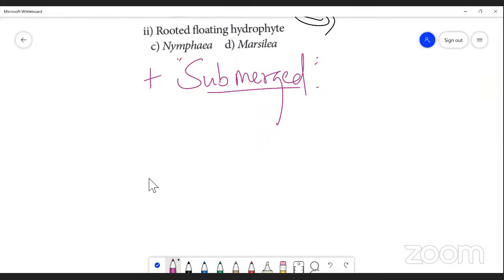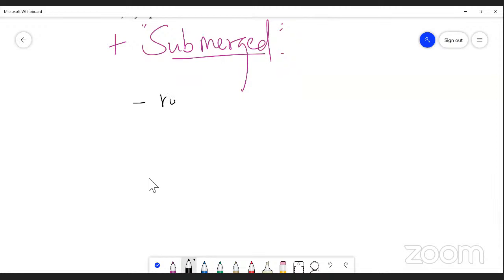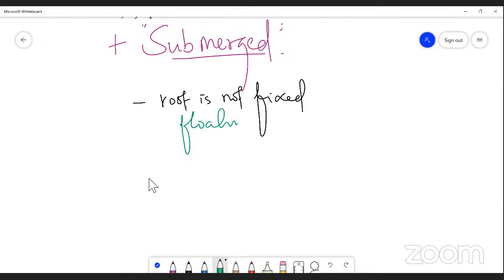In this case, the root is not fixed with the soil, but the plant is floating. That is called submerged. For that, I would like to give examples.